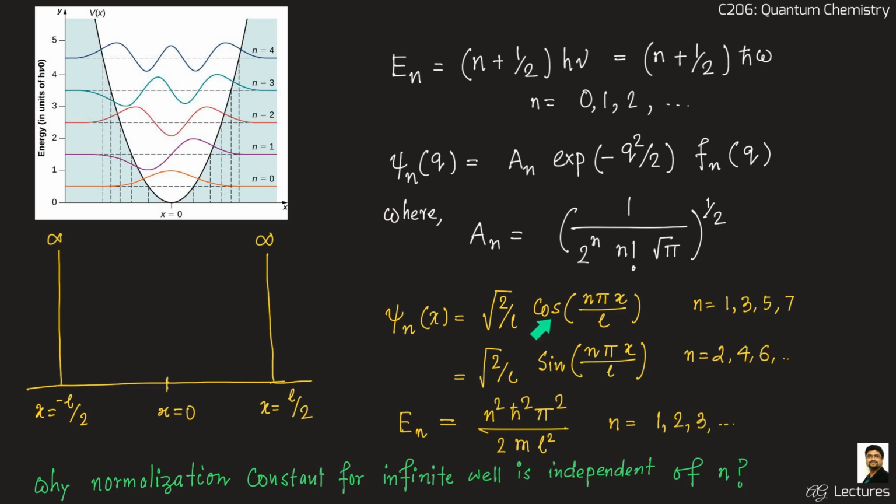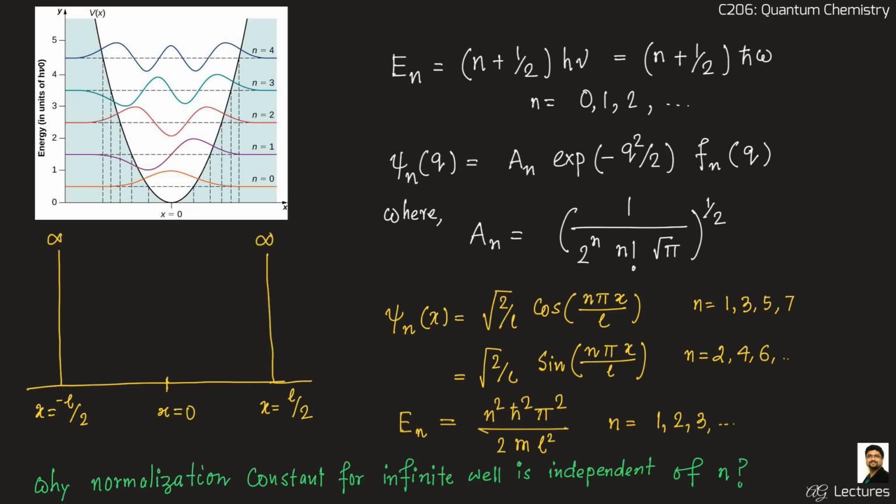The first excited state is represented by the sine function, which is an odd function. And here also, 1, 2, 3, 4, 5, 6, 7, it just keeps alternating between these even and odd functions, and the picture is pretty much like this.